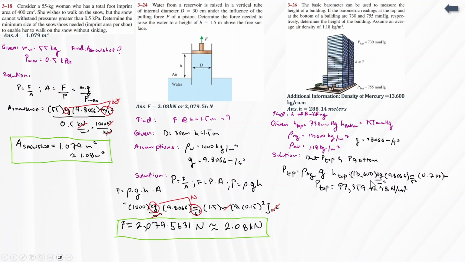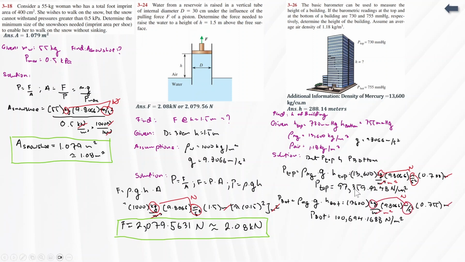So that's 13,600 times 9.8066 times 0.730 meters. The units cancel, and you will have newtons per meter squared. This is 97,359.9248 newton per meter squared. We do the same thing for the bottom, and we will get 100,694.6 newton per meter squared.